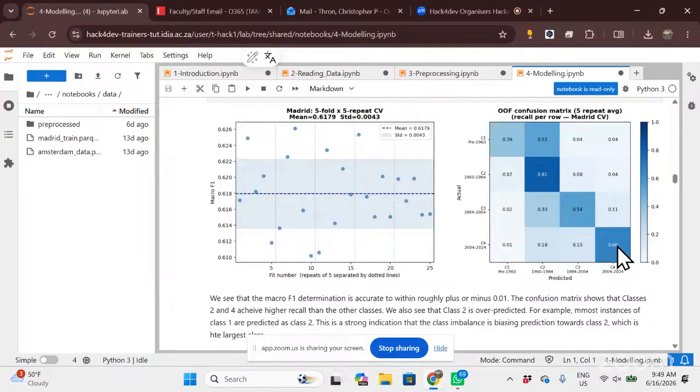And you can also see that other classes are often mistaken for class 2, because the classifier favors the biggest class. So this is an indication that these imbalanced classes should be balanced before you do your training. All right, so that's a problem.